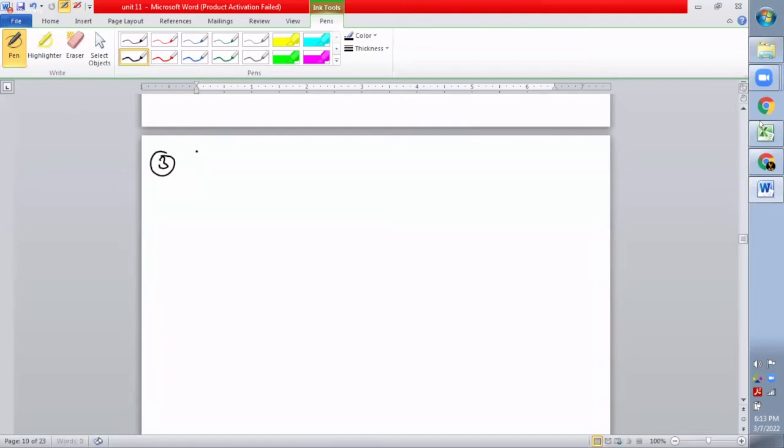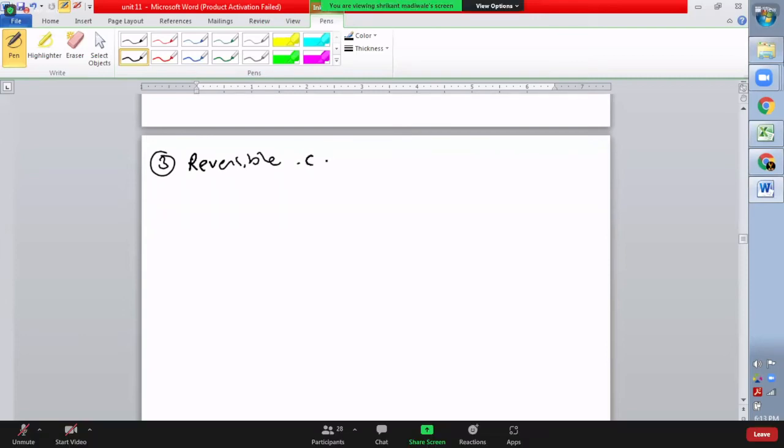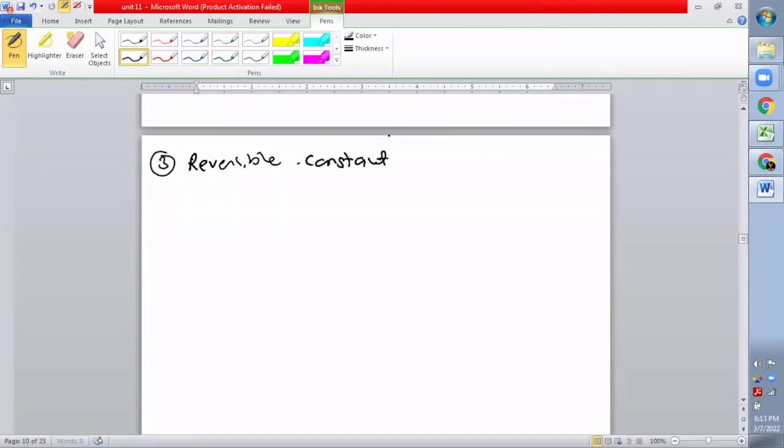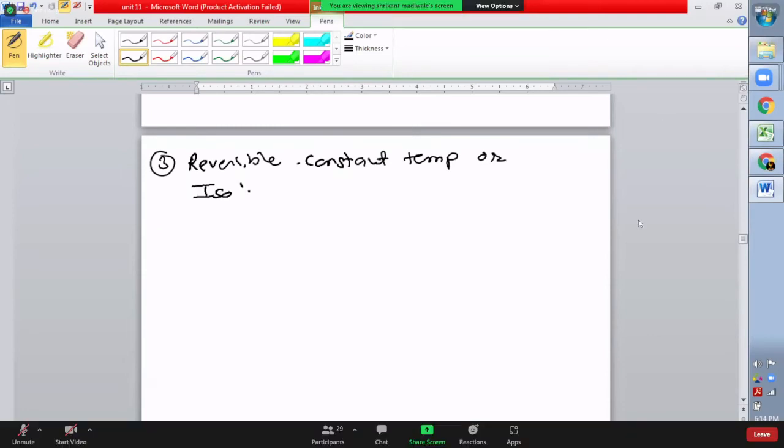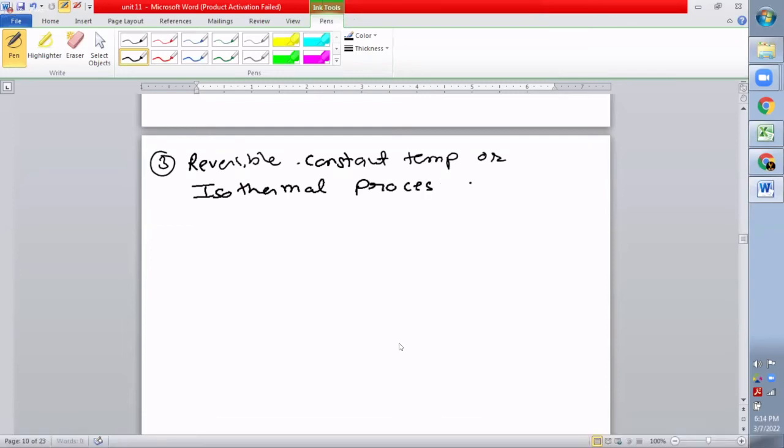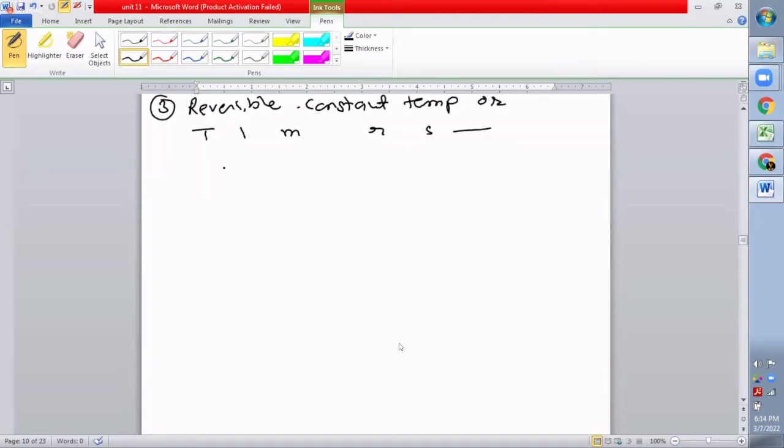Write down: reversible constant temperature process, or it is also called the isothermal process.